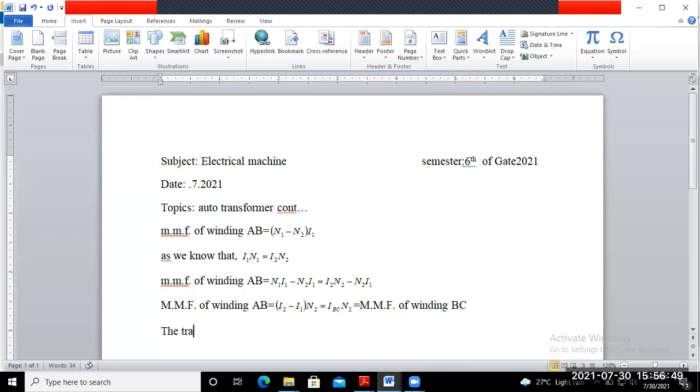The transformer action takes place between winding AB and BC.